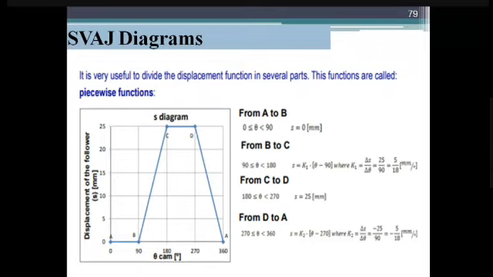What about del S? Now it retracts, returning to the position, a traverse of 25 to 0 in the negative direction, downwards, so minus 25. The theta change is 90 degrees. So minus 25 by 90 is equal to minus 5 by 18 mm per degree. Note down the K2 value. Is it clear for the displacement of the follower for both stages?